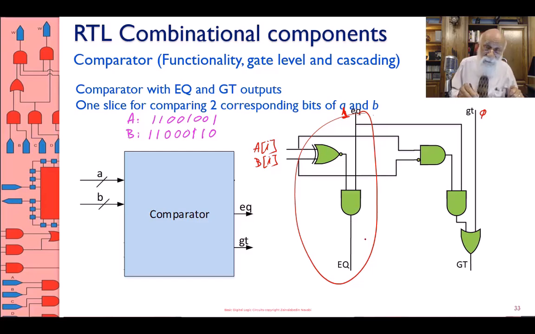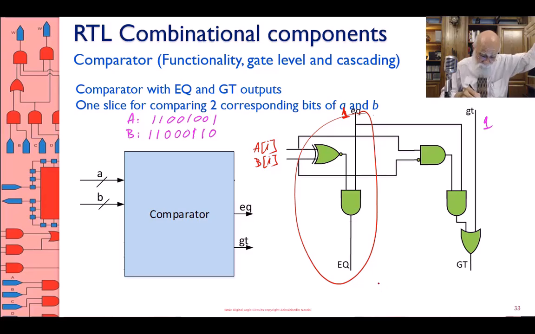But then, if this slice decides that, if this is the slice, what comes into this is that GT from the previous bits is 1. What it means is that, first of all, I know that equal is not going to be 1, but then GT from the previous bits has been 1.